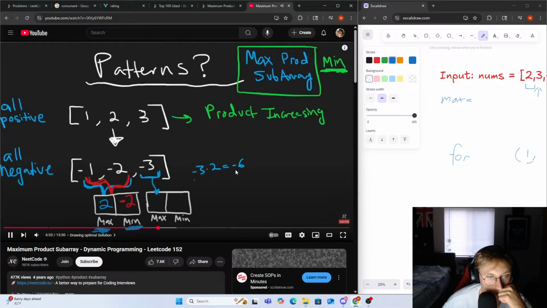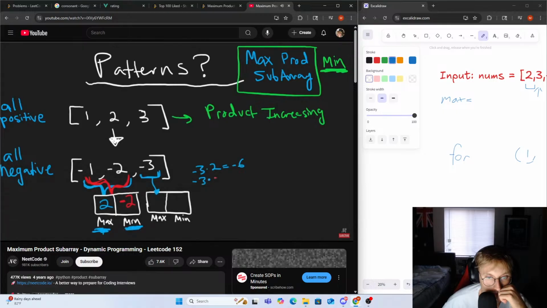The minimum we get negative 3 times negative 2, and that gives us a result of positive 6. So we know the maximum is positive 6 and the minimum is negative 6. So we take positive 6 and put it over here, and we can take negative 6 and put it over here.